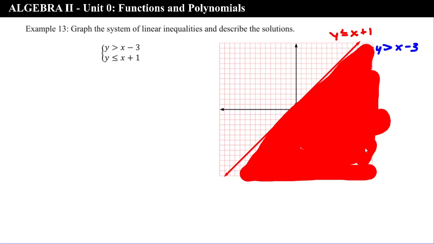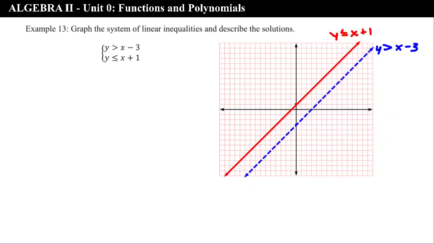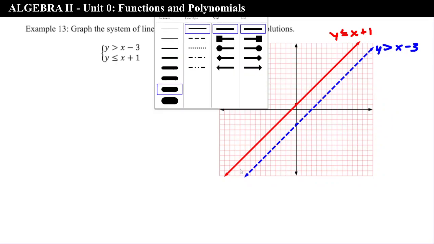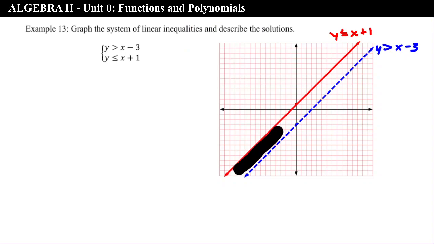So now that we've seen what both look like, we can go in and do our final shading, which would be everything that is between our two lines. And that shaded region would be our solutions.